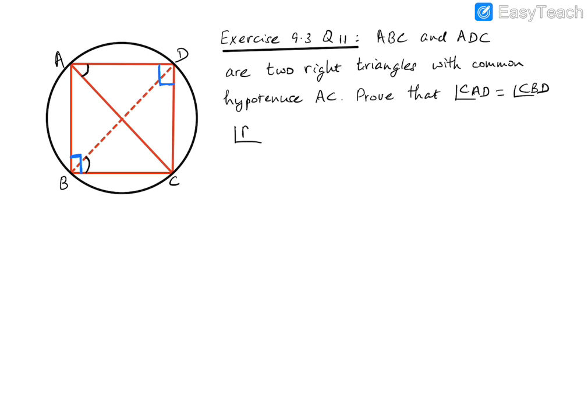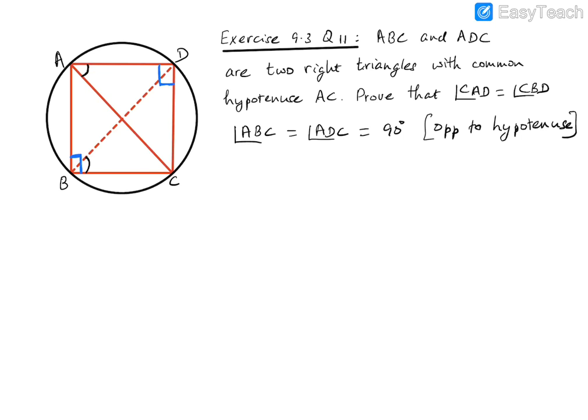So angle ABC equals angle ADC equals 90 degrees. These are angles which are opposite to the hypotenuse.